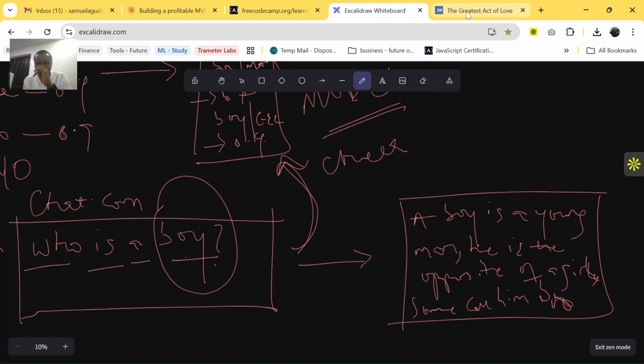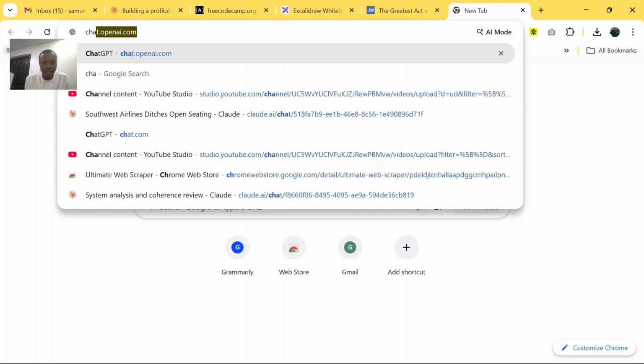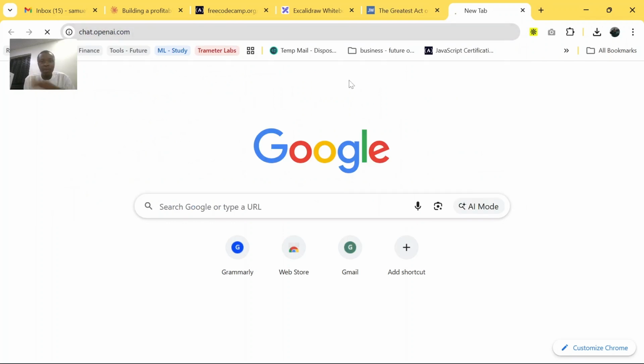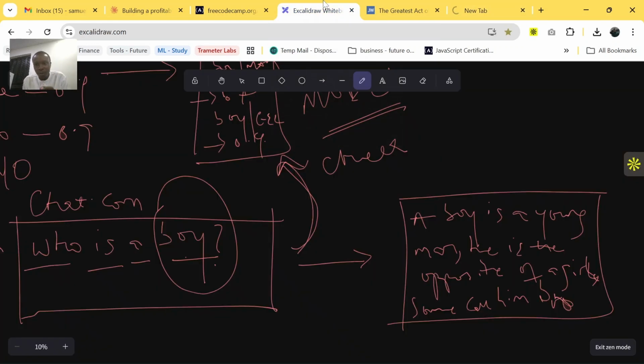Now, let us actually go to ChatGPT and ask this. Let's just do a bit of a practice section so you can see the idea of what we are saying here and why. Remember, pay attention to what we are building here: the weight is important. It has created a high weight between boy and man, boy and girl, boy and bro.